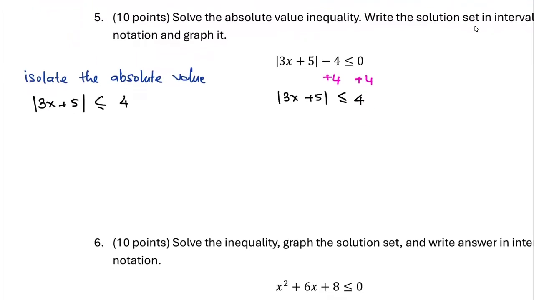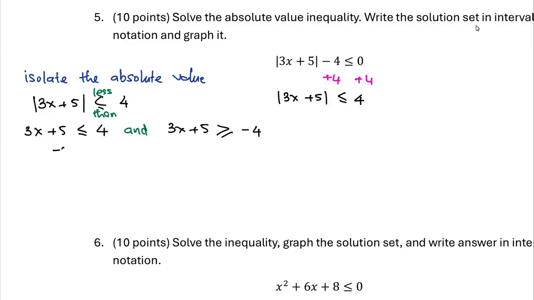So split up into 2 separate problems. I get 3x plus 5 less than or equal to 4. For the other, what happened to the sign? You flip it, right? And the opposite number. All right. The word joining the 2 problems: the sign is less than, so I have "and."